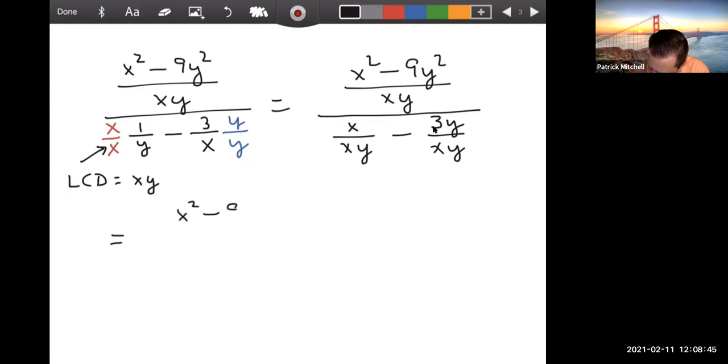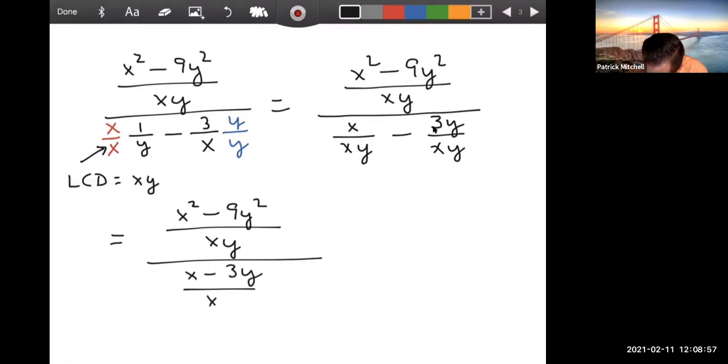Not doing anything with the numerator right now. Okay, so we'll just write that denominator as x minus 3y over xy. And now this looks an awful lot like the problem that we did in the last example.